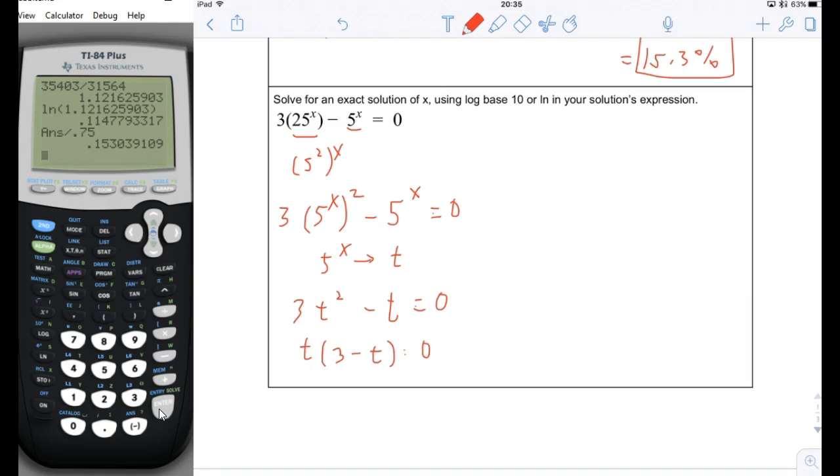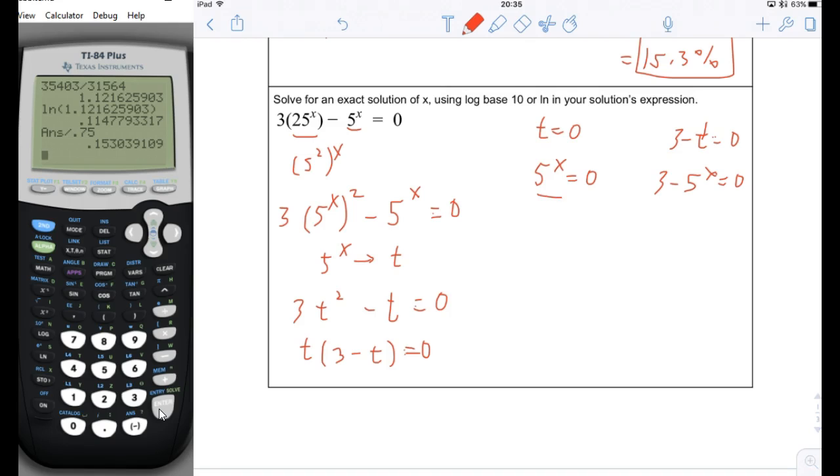Okay, and now we know that there's two ways of making that expression 0. One of the ways is t can be 0, and the other way is 3 minus t is equal to 0. And so t equals 0 is the same thing as 5 to the x equals 0, because we can substitute back in this expression there. And 3 minus t equals 0 is the same thing as 3 minus 5 to the x equals 0.